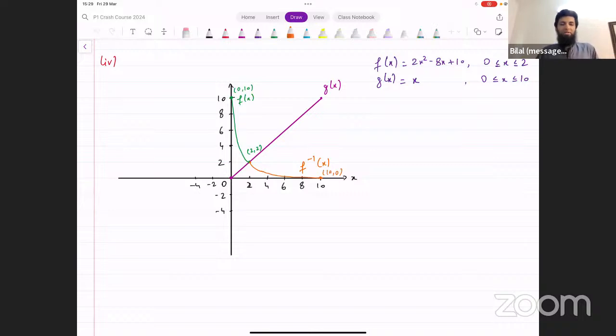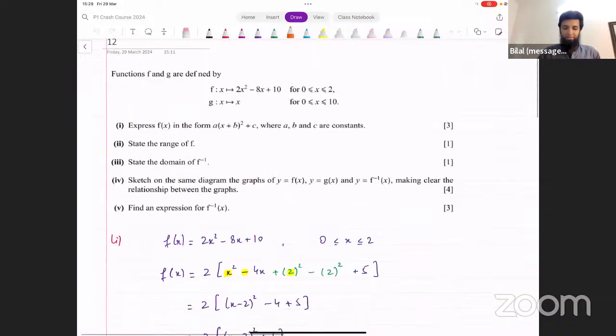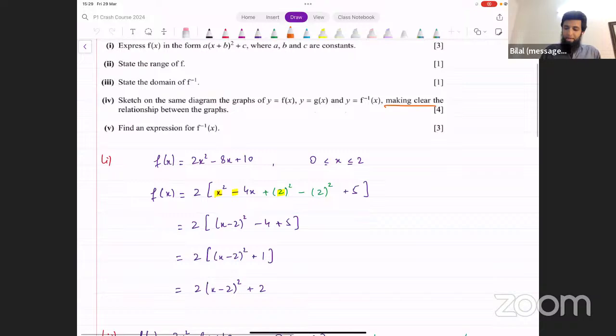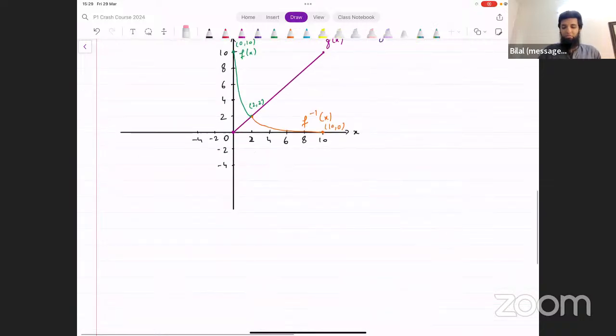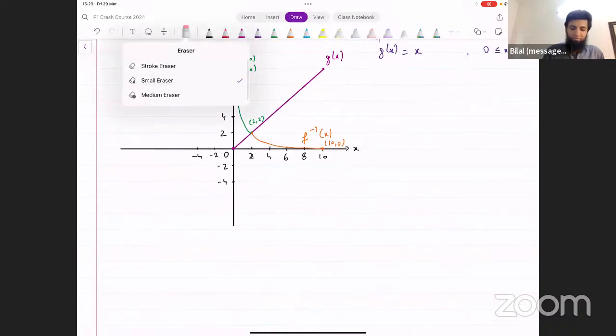All right. So these are the graphs that we have. In fact, 3 graphs that we have: f of x, f inverse of x, and g of x. Now the question says, making clear the relationship between the graphs. Now, what's the relationship between these 3 graphs? You're going to write that here.